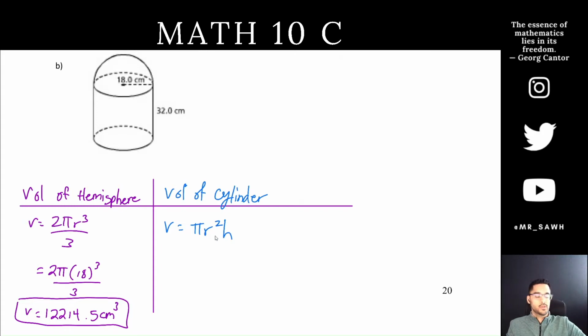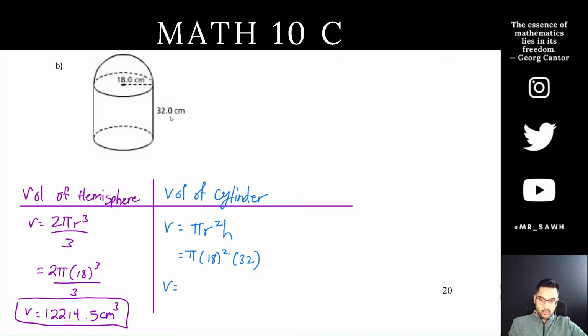This time I need 2 dimensions, a radius of the cylinder and height of the cylinder. Now the radius of the cylinder will be the exact same as the radius of that hemisphere because it's sitting directly on top of it. So 18 as a radius, 32 as our height. So we can throw all that stuff in there as well. So pi, radius of 18, this time squared, and our height is 32.